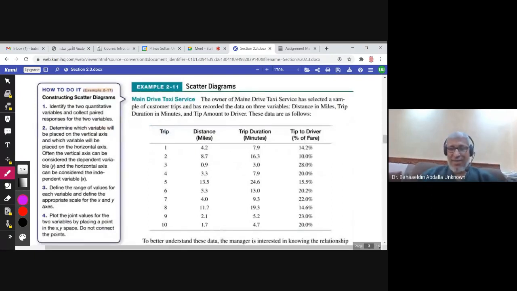This is an example about a scatter diagram. The owner of MD taxi service has selected a sample of customer trips and has recorded the data on three variables: the distance in miles, a quantitative variable; trip duration in minutes, a quantitative variable; and tip amount to the driver, also a quantitative variable.